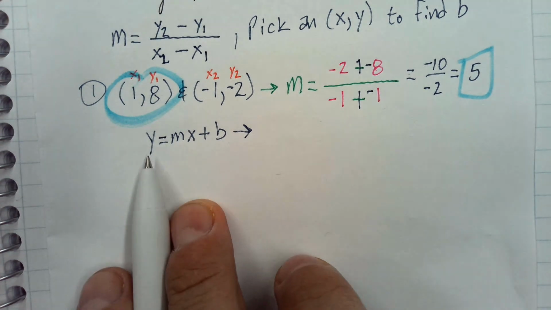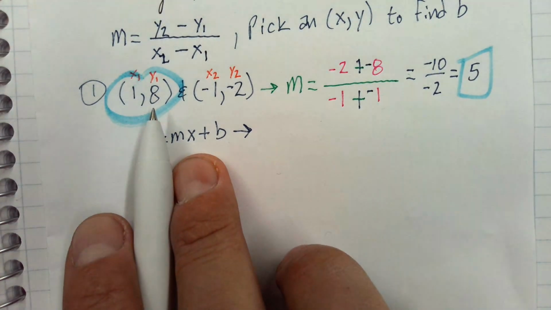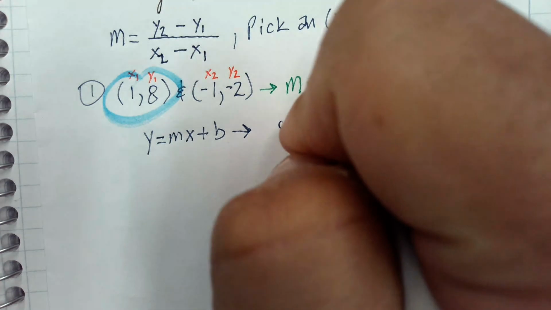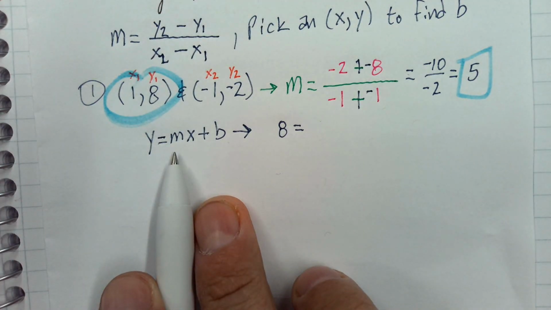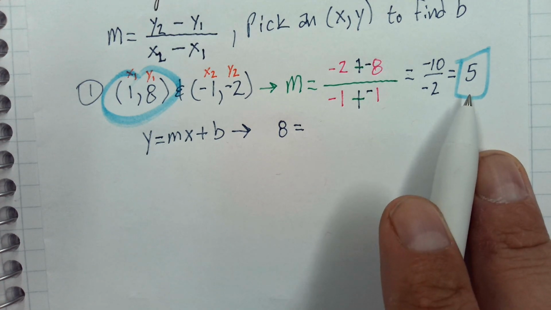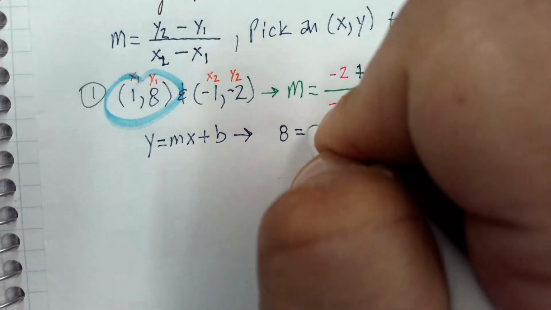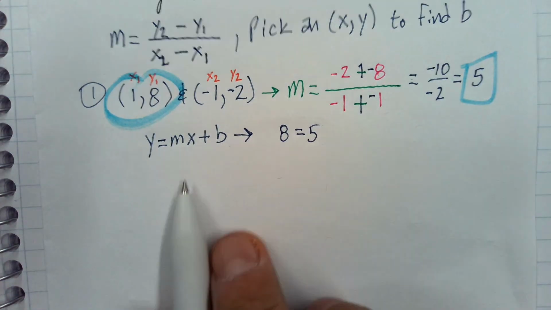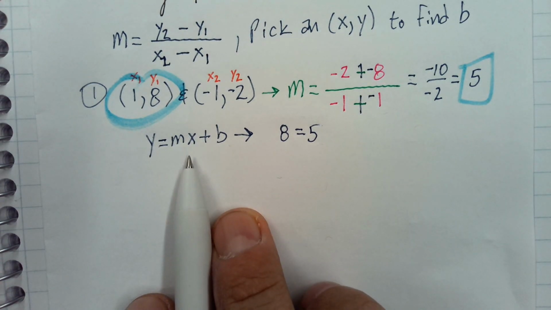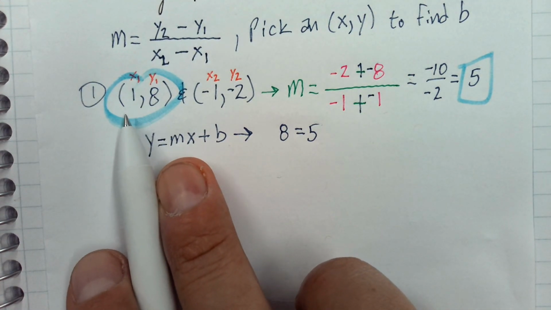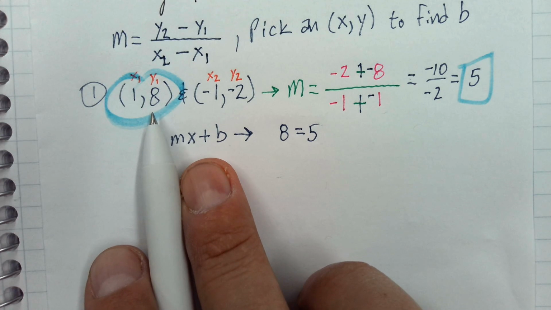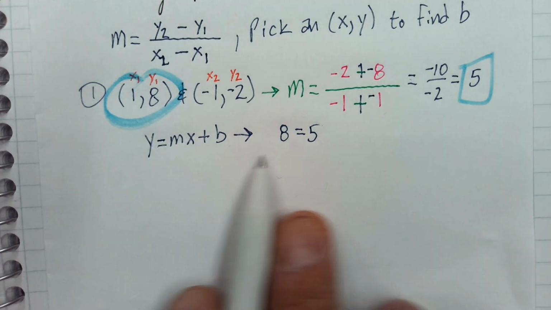Do we have a number for y? 8. Do we have a slope? We have a slope, remember? 5. 5x? Well, here's the thing. Do we know a number for x? Yeah, we do. Remember, this is the ordered pair that we picked. We're going to substitute 1 and 8 for x and y in that equation.